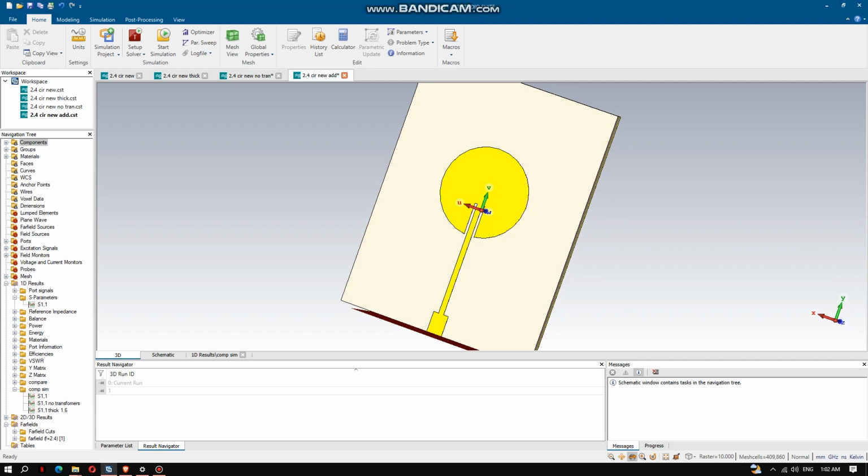Now, we are going to compare the return loss between the three scenarios that we have discussed before.